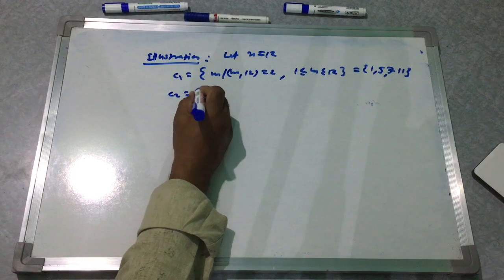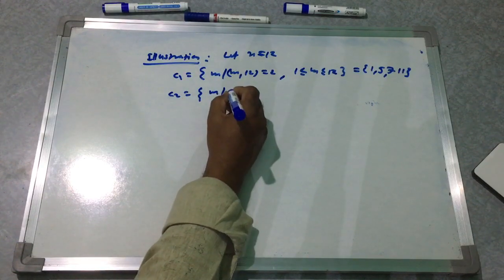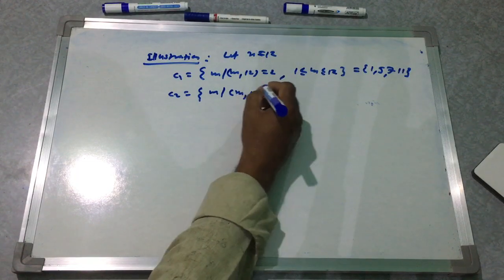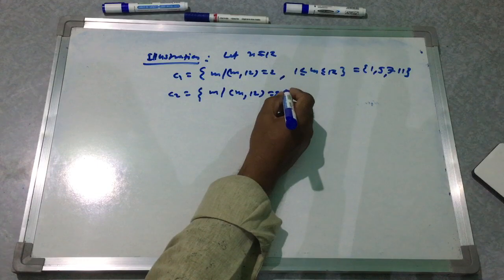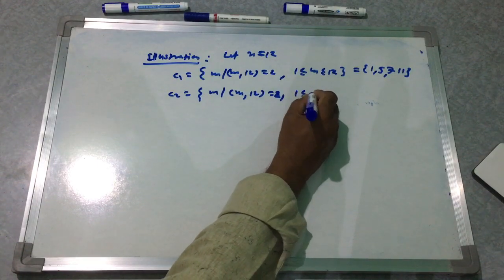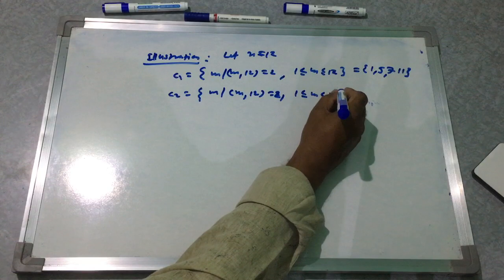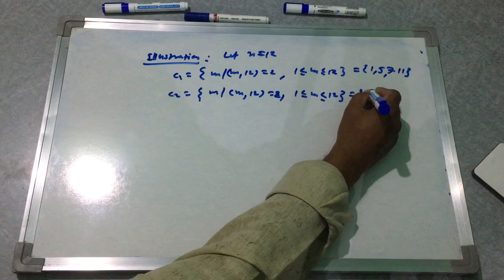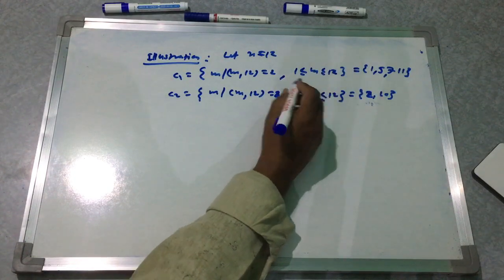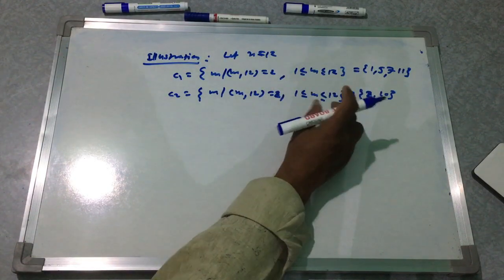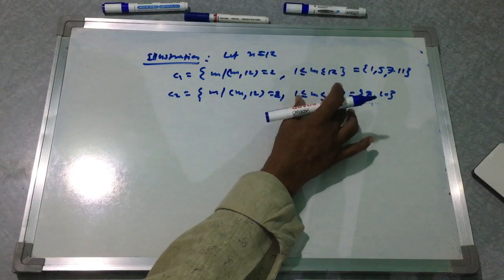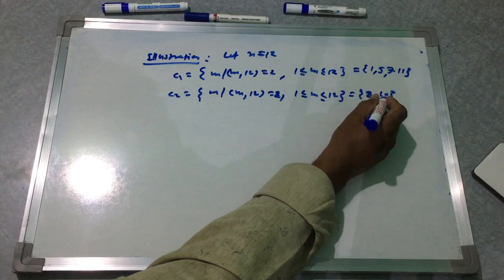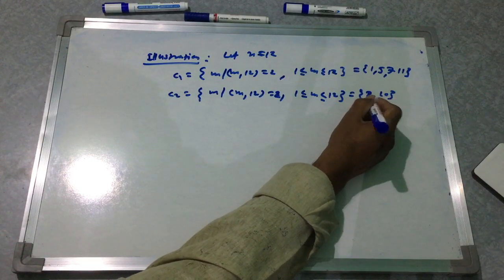Then C2, where gcd(m, 12) is 2. It means m is an even number. So in between 1 and 12 we choose 2 and 10, the even numbers.